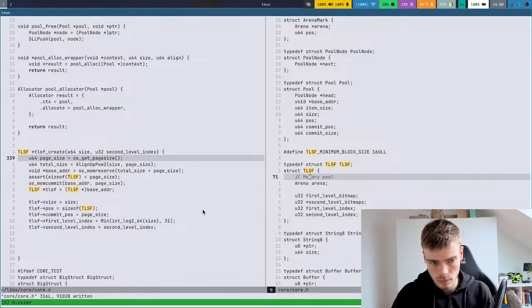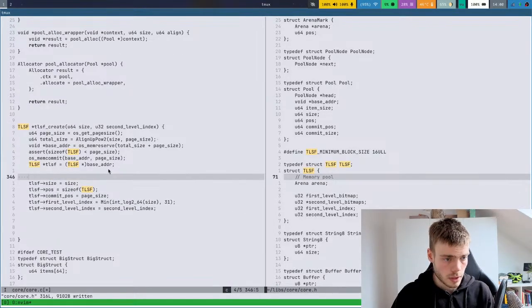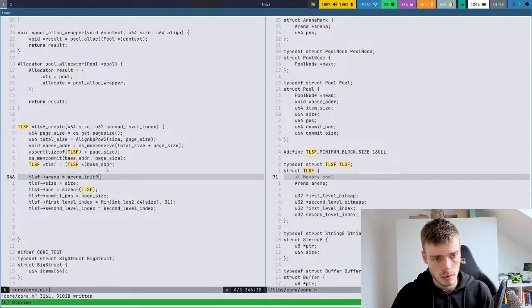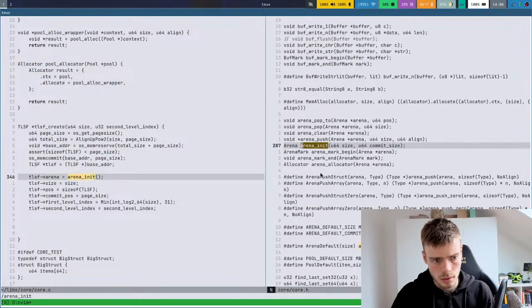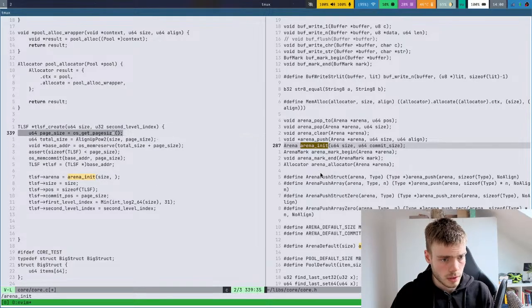And then we just say TLSF arena init, and arena init, the size, all this stuff.